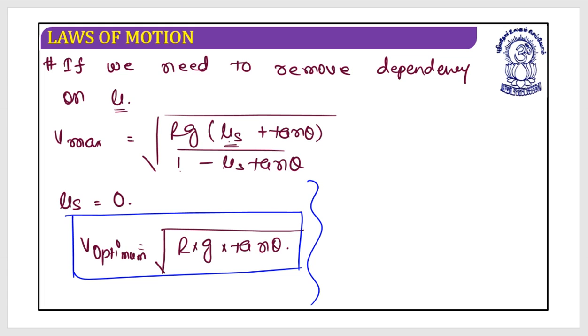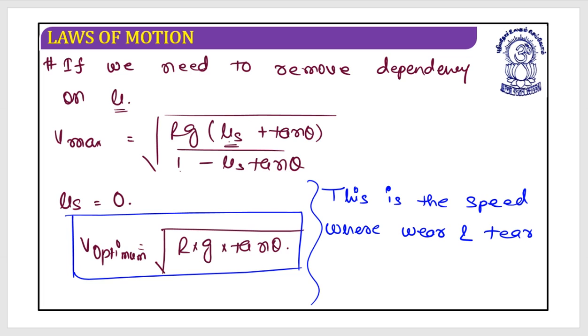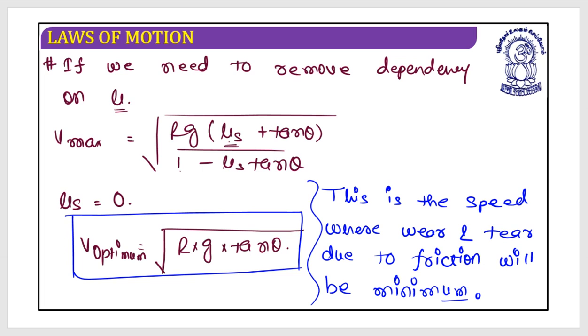Yes, this is the speed where wear and tear due to friction will be minimum. I hope this is clear. Yes, this is the speed where wear and tear due to friction will be minimum. Is it clear?